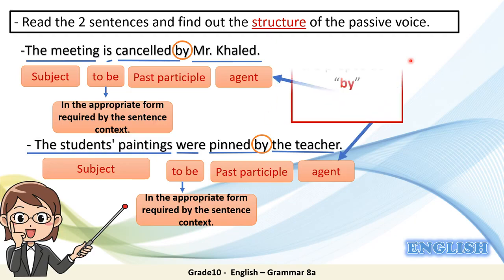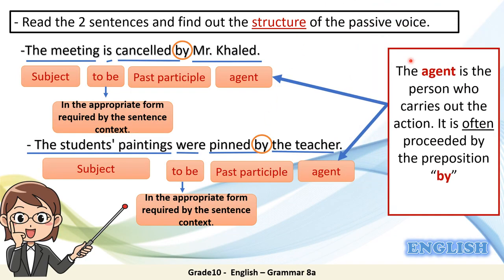What is agent? What does it mean? Excellent. The agent is the person who carries out the action, and it is often preceded by the preposition by. In the active sentence, the agent was the subject.